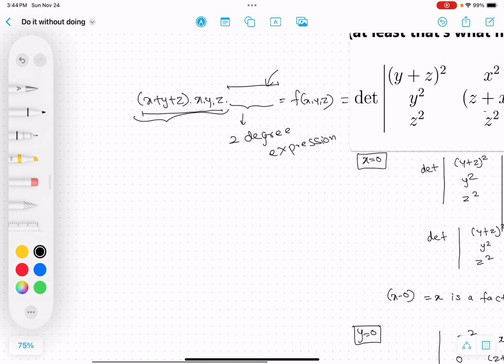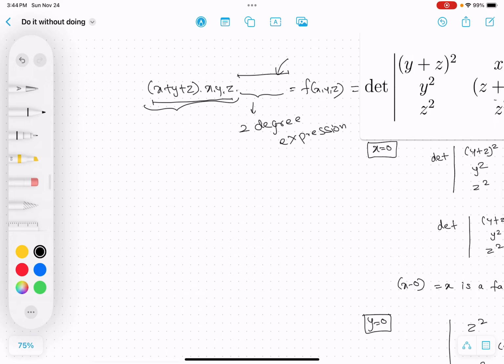If it wasn't symmetric, the 2-degree expression would be something like ax square plus by square plus cz square plus exy plus fyz plus gxz. This is a homogeneous 2-degree expression.